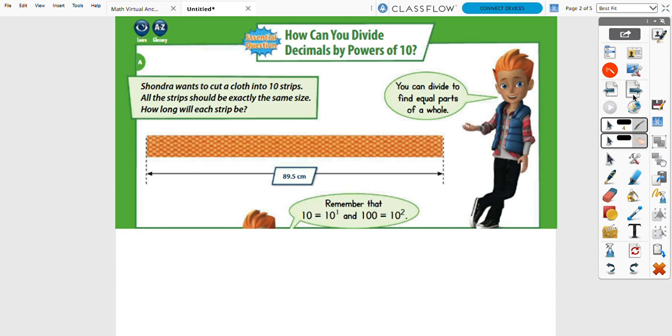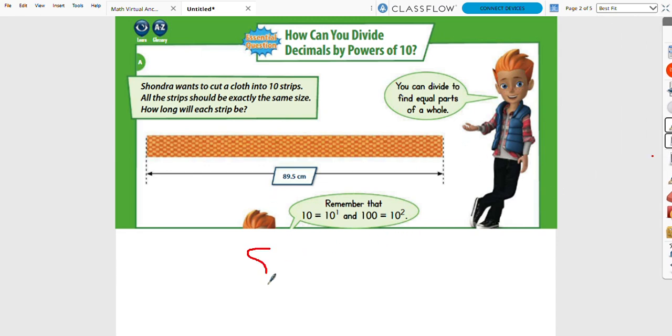We have our original value of 89 and 5/10, and we're going to split it into 10. We know that splitting into even groups is division, so we're going to divide by 10. So we're solving 89.5 divided by 10.